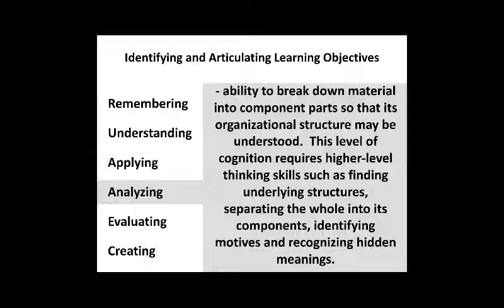It requires higher level thinking skills such as finding underlying structures, separating the whole into its components, identifying motives, and recognizing hidden meanings. So as mentioned, when we analyze something, we break it down into its components and see how the different parts work together to achieve a specific purpose or a specific effect.